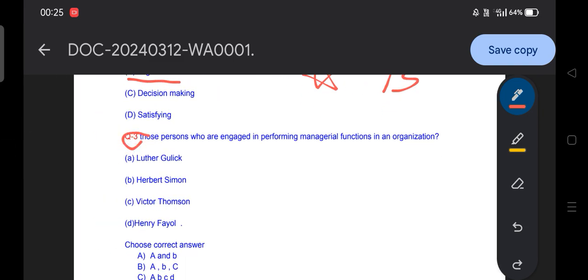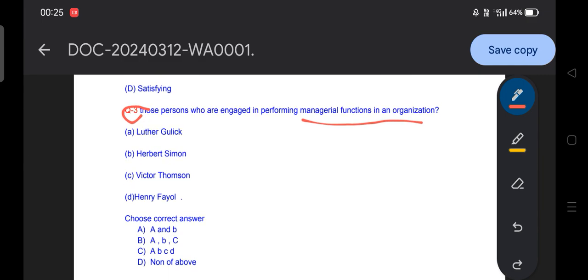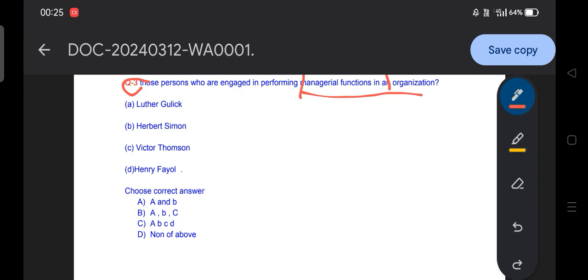Question number 3. Those persons who are engaged in performing the managerial function in an organization. The question is about the scholars who belong to the thought of managerial function in the organization. Option A, Luther Gulick. Option B, Herbert Simon. Option C, Victor Thompson. Option D, Henri Fayol. Choose the correct answer: A and B; B, A, B and C; C, A, B, C, D; D, none of the above.